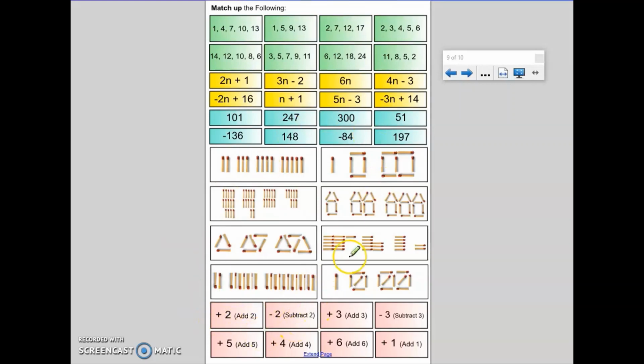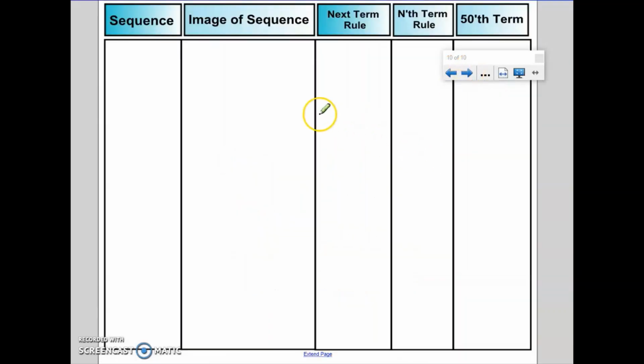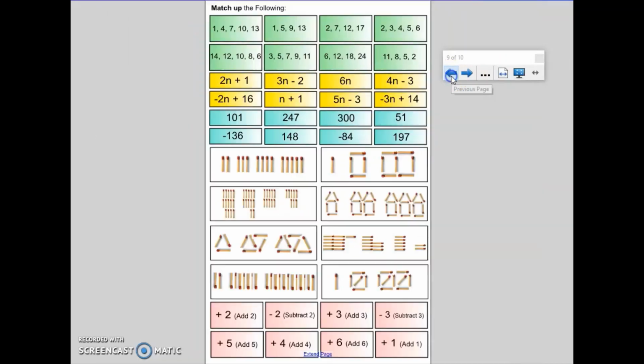But all the information is mixed up. I would like you to put it in the correct order and place it neatly and accurately into this table. So if we go back to the previous slide, you may want to pause the video here as you fill in your table, making sure that all the mixed up information is put into the table in the correct order. Could you pause the video now, please?